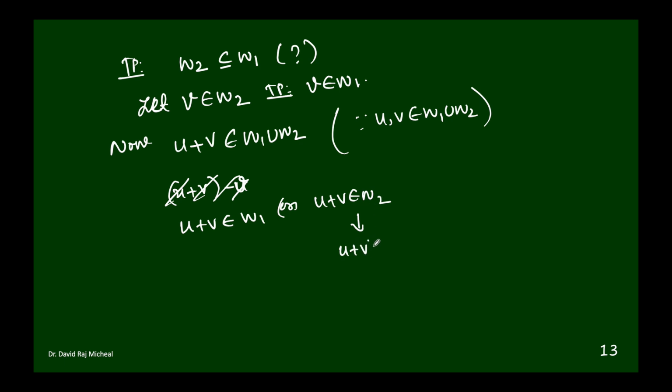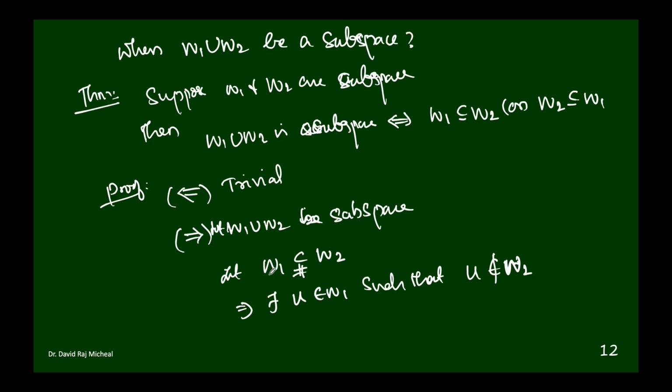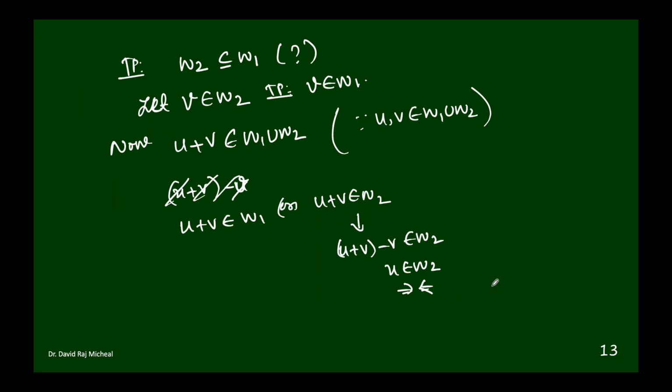I can add the inverse of V, and that also must belong to W2 because W2 is a subspace. But the sum is nothing but U, so U belongs to W2, which is a contradiction to our assumption that U is not belonging to W2. So therefore this cannot happen. So this implies U plus V must belong to W1 only.